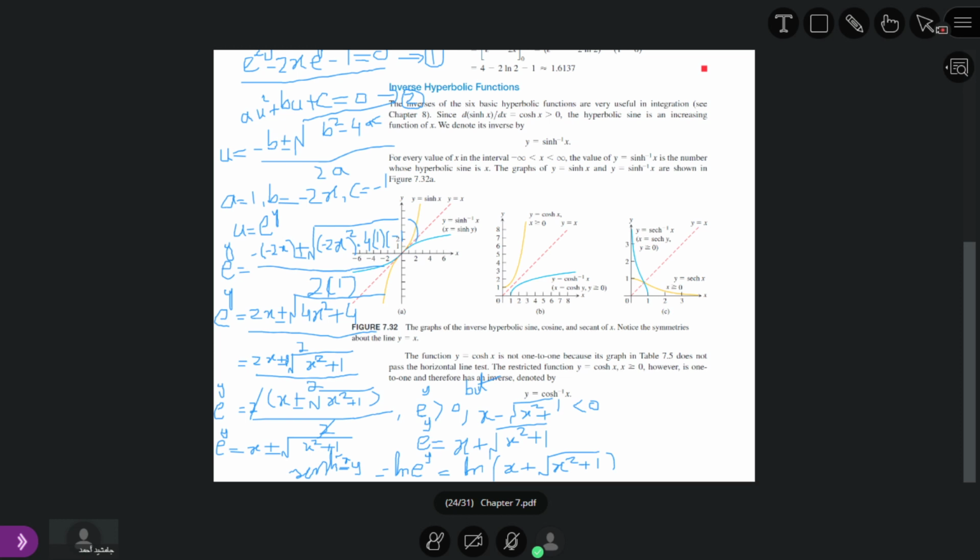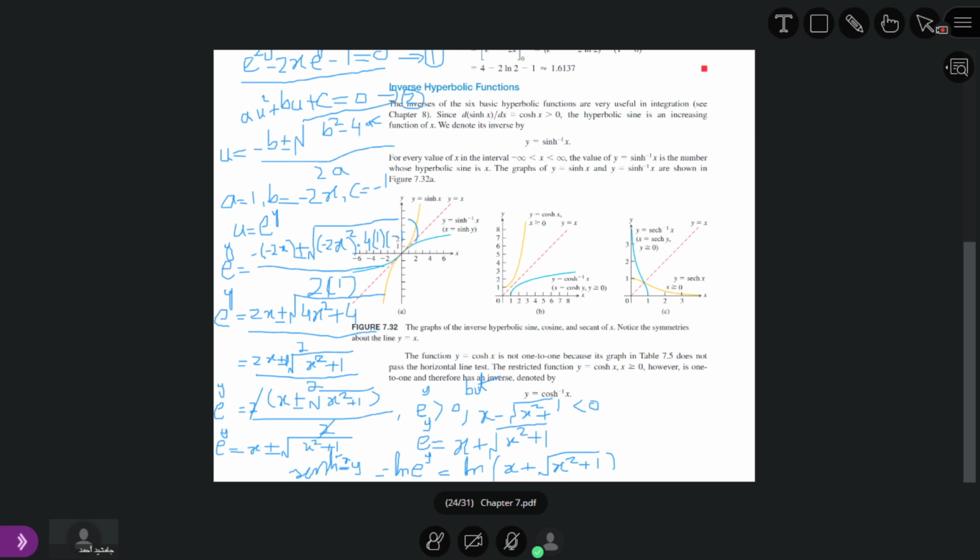Now minus minus is positive, so we get 2x plus minus. What is the square of minus 2x? It is equal to 4x square plus 4, because minus 4 times 1 times minus 1 is positive 4.